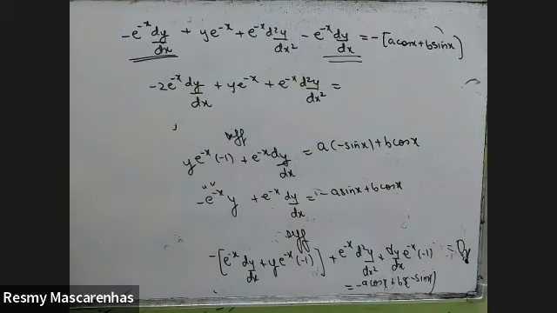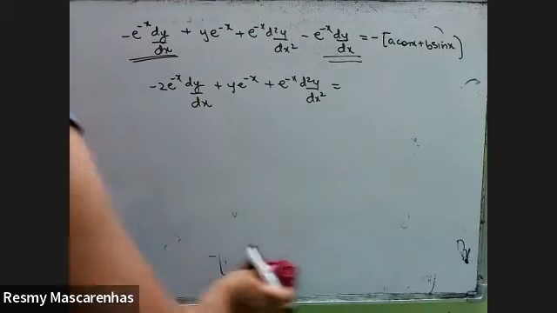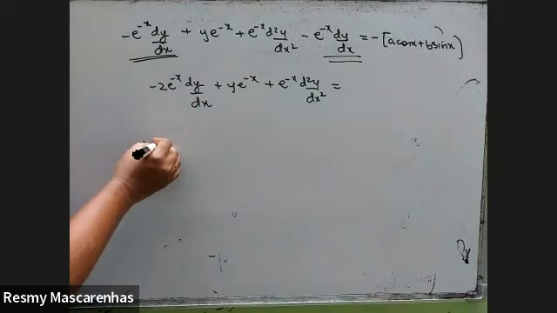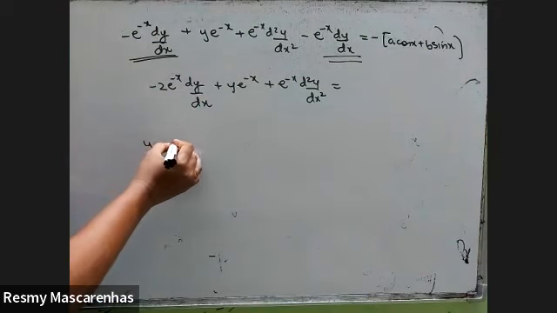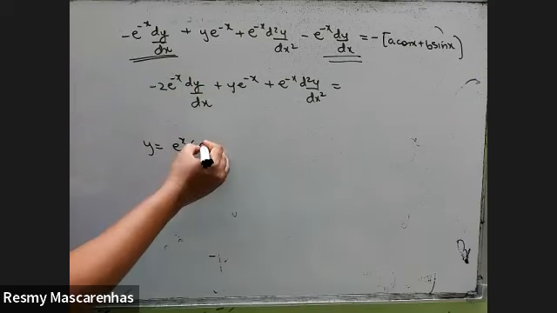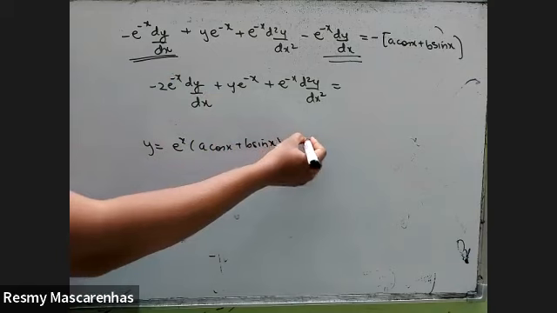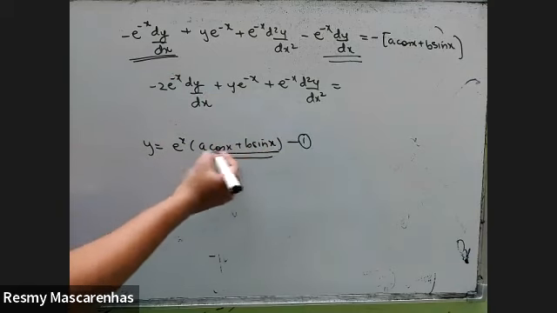And look in the equation 1. What was the question given? Just the main question was this: y is equals to e raised to x, a cos x. So this was the question given. Now what is the value of this a cos x?